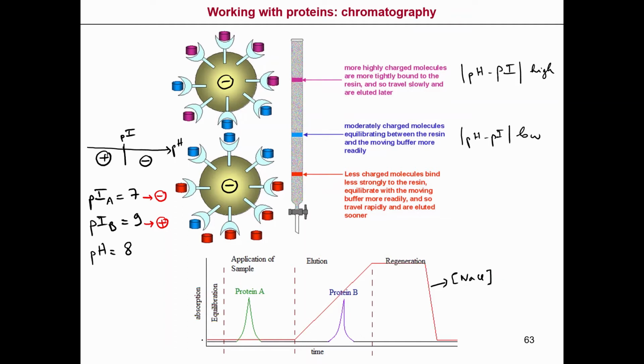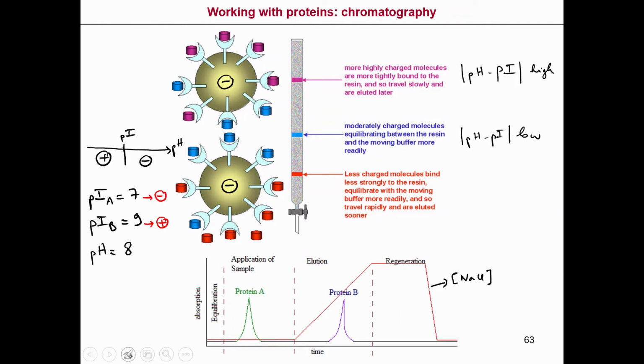What happens if we have a lot of ions and cations? All the cations, so Na+, will interact with the beads.